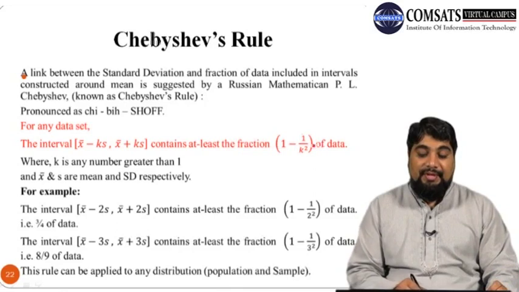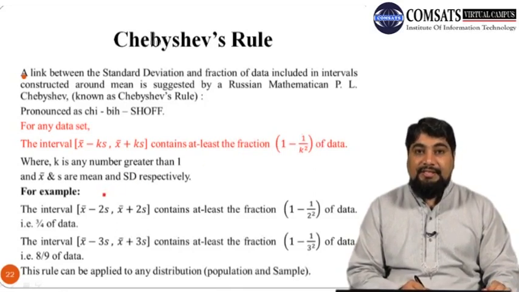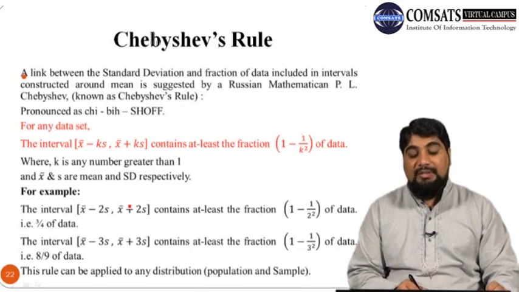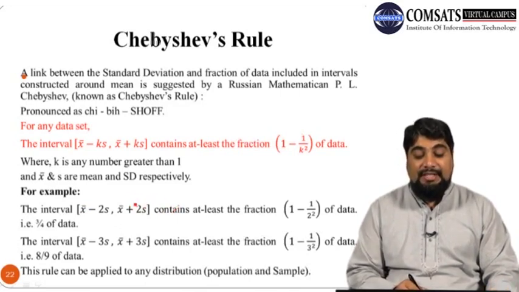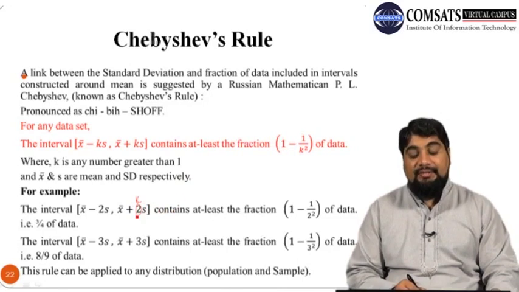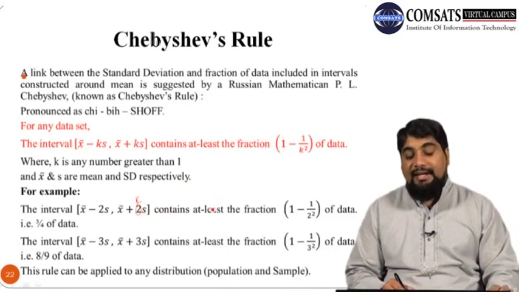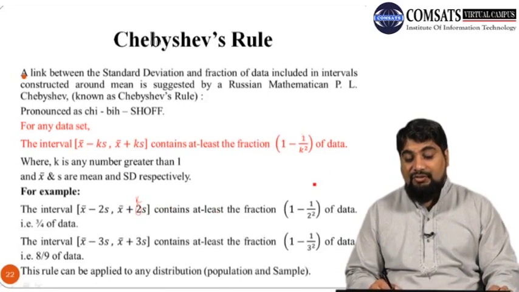So here let us take an example. Suppose we have the interval x bar minus 2s and x bar plus 2s. So in this case we can see that k is 2. So this interval will contain at least 1 minus 1 over k square, where k is 2.